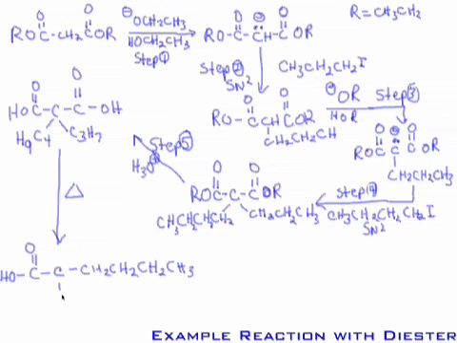And we'll have the propyl still on. And we'll have an H that came on here. In fact, you can do this beta-decarboxylation in one step by hitting it with acid at the same time you apply heat.